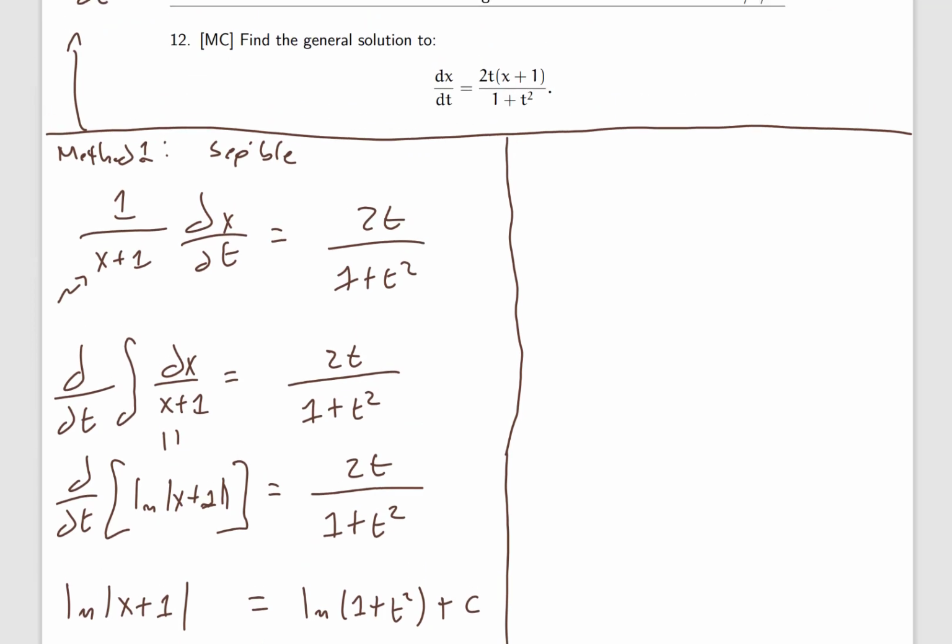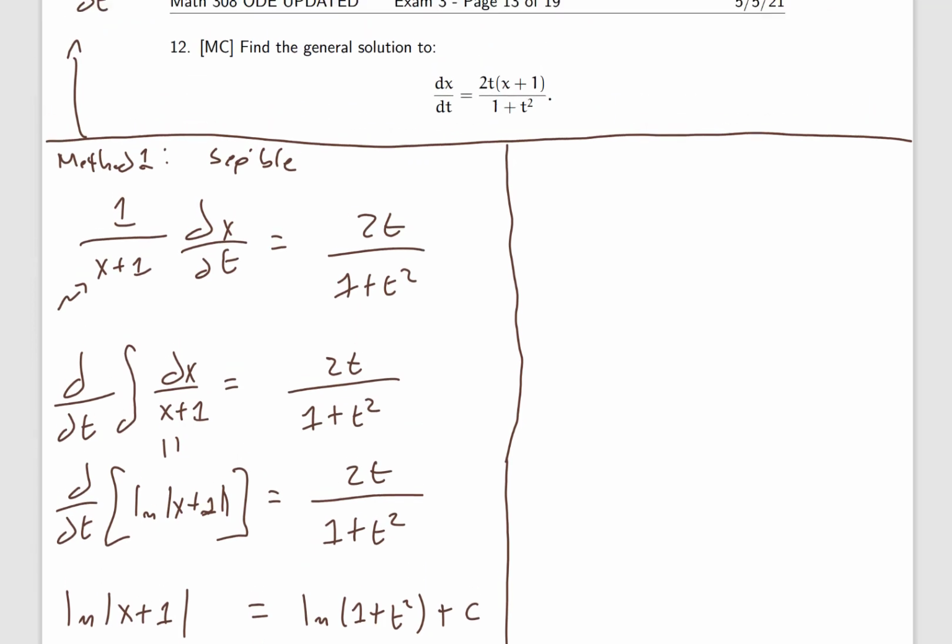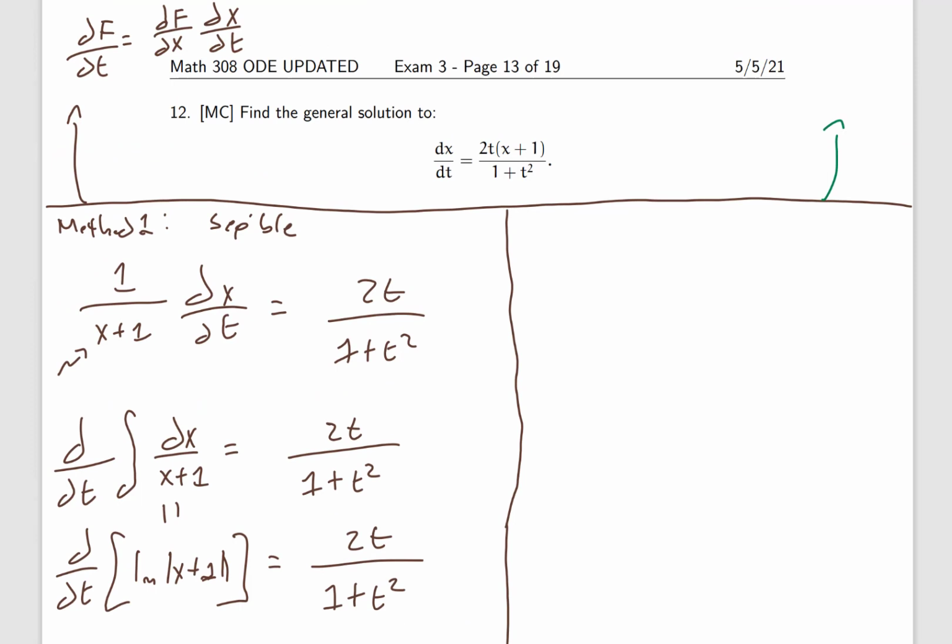Okay, so now I want to do this as a linear equation. Remember, a linear equation has the form dx dt plus some function of t x is equal to some other function. Okay, and it could be that there's a function here as well, but we can just divide both sides by that function and put it in a standard form like this.